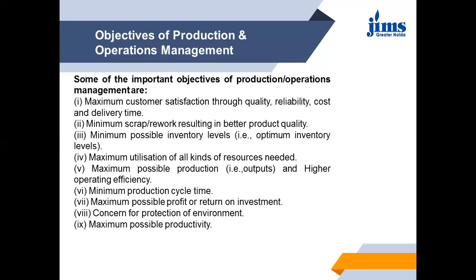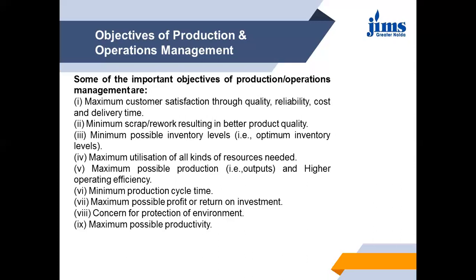Third, to have optimum inventory levels, wherein there is neither a shortage of inventory, nor is the inventory lying unused as a waste. Shortage of inventory will lead to stoppage of the processes, while inventory more than the required levels will make the whole warehouse or factory a graveyard.